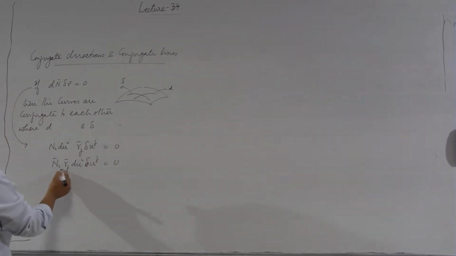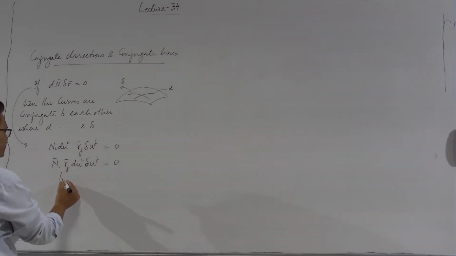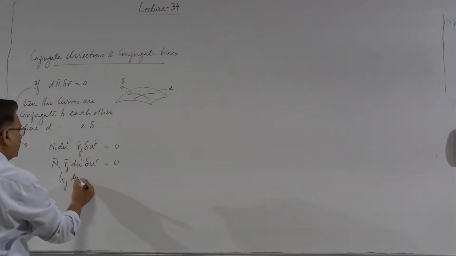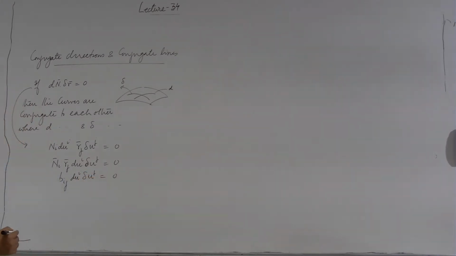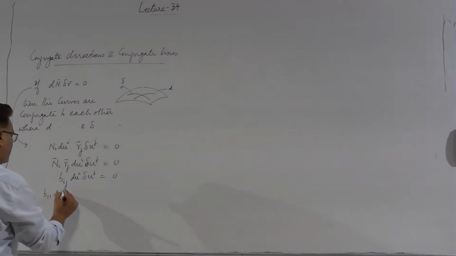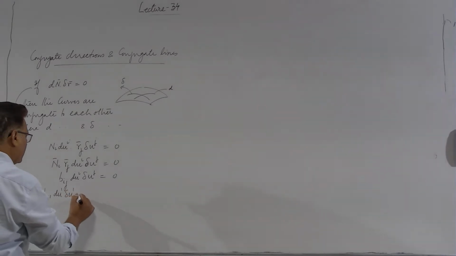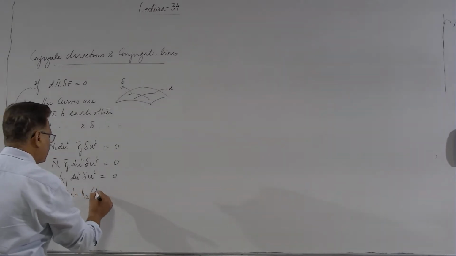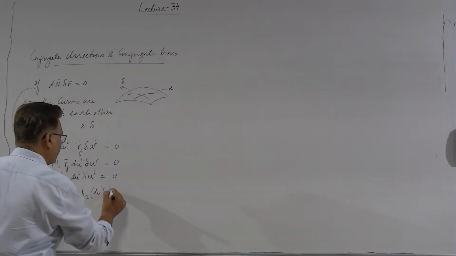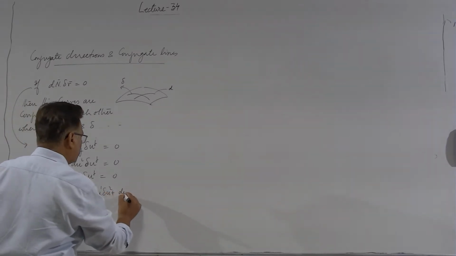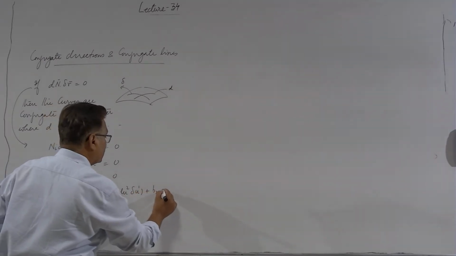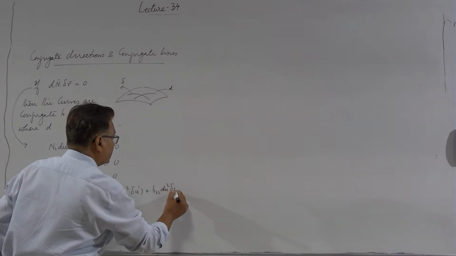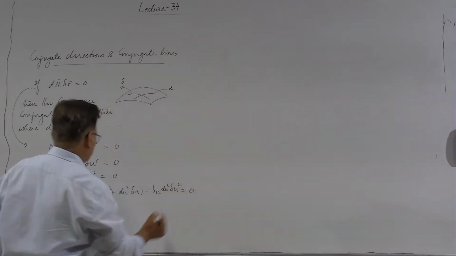Since n_i dot r_j is b_ij, so b_ij du^i delta u^j is 0. This is the condition. On further expanding it, you will be getting b11 du1 delta u1 plus b12 (du1 delta u2 plus du2 delta u1) plus b22 du2 delta u2 equal to 0.